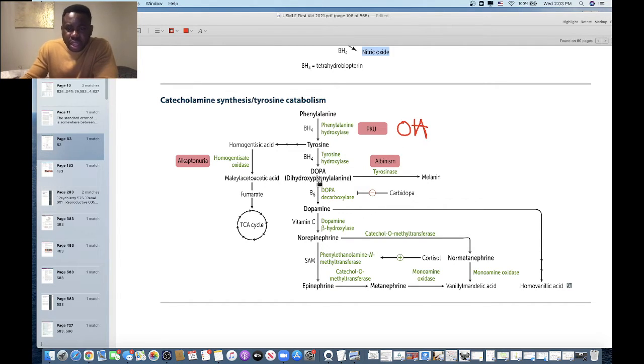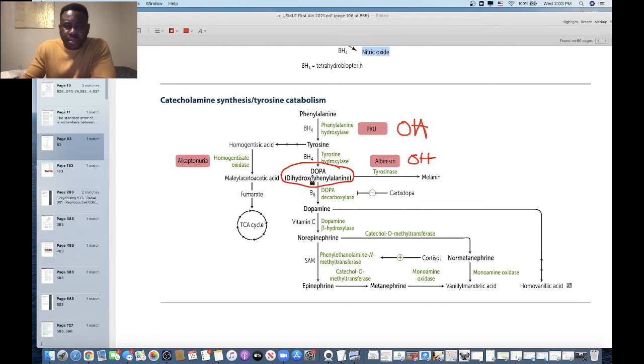If you look here, the enzyme is tyrosine hydroxylase. It's adding another OH to tyrosine, so we get two OH groups.